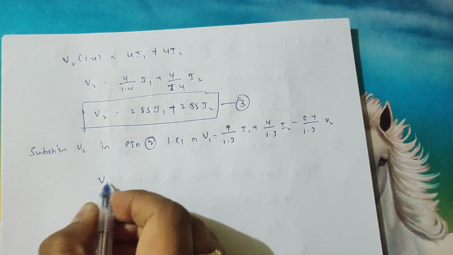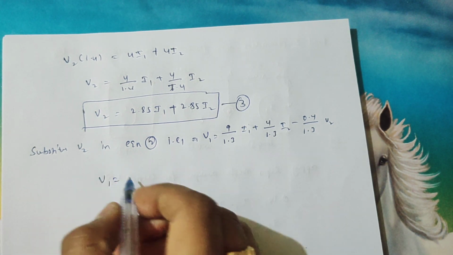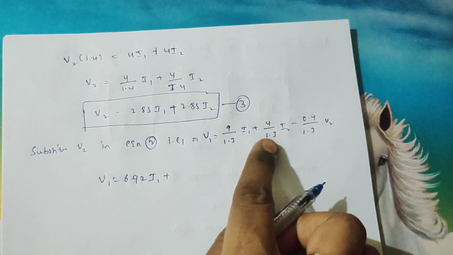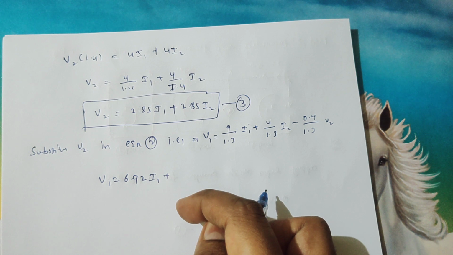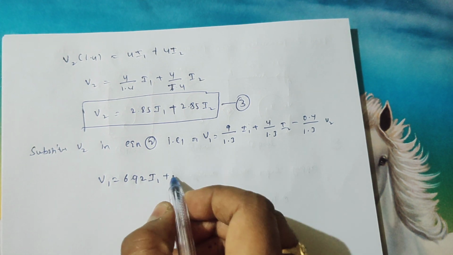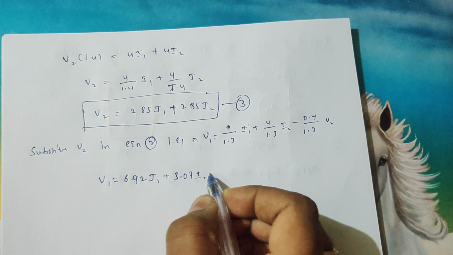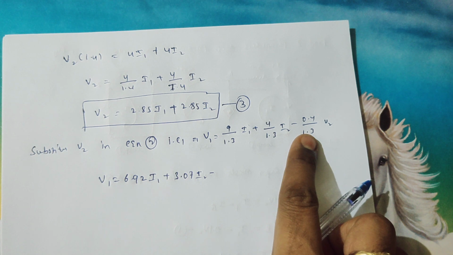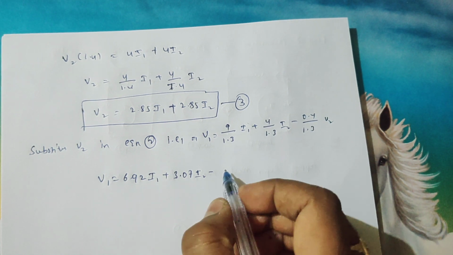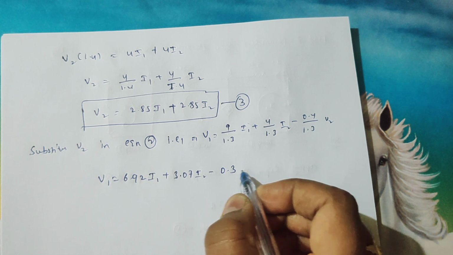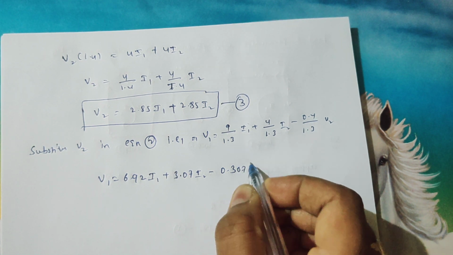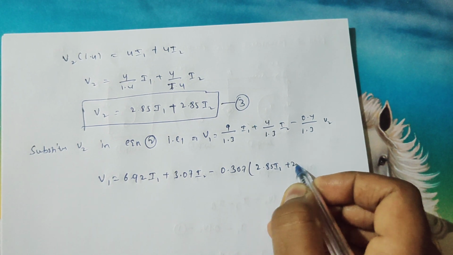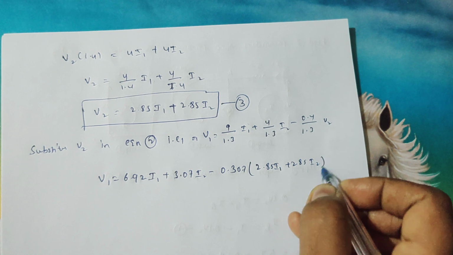So V1 is equal to this 9 by 1.3 becomes 6.92 of I1. Similarly 4 by 1.3 becomes 3.07 of I2. Similarly minus 0.4 by 1.3 becomes minus 0.307 of, substitute V2 here, 2.85 of I1 plus 2.85 of I2.